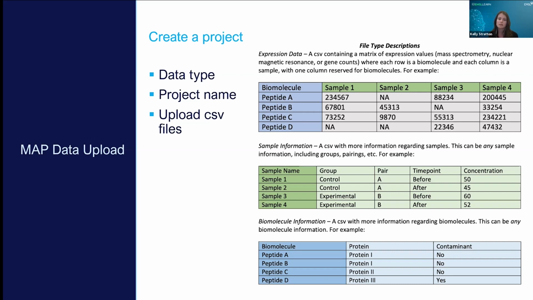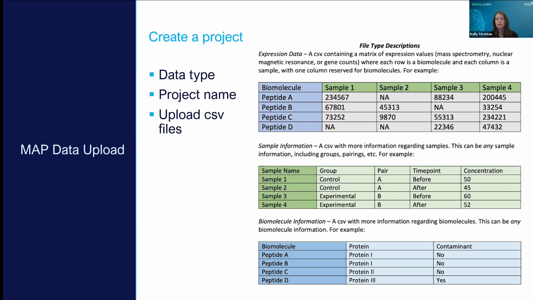But we also have this mapping from peptide to protein. So in PMART, we can actually roll up from the peptide level to the protein level so that we can do statistical analyses on the proteins rather than the peptides. So in order to do that, we need to have this information in our biomolecule file.